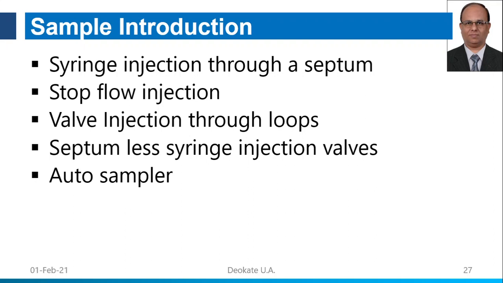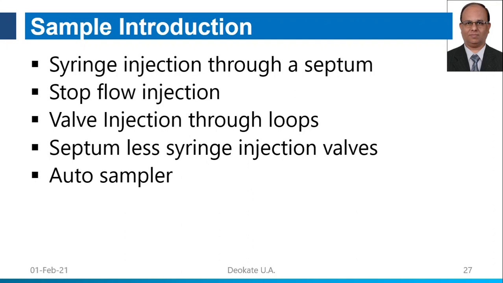Then stop flow injection, where we have to stop the flow, disconnect the HPLC column, add the sample on top of the column and repressurize the system. Valve injection through the loops: an example is the Rheodyne injectors, which are commonly utilized.